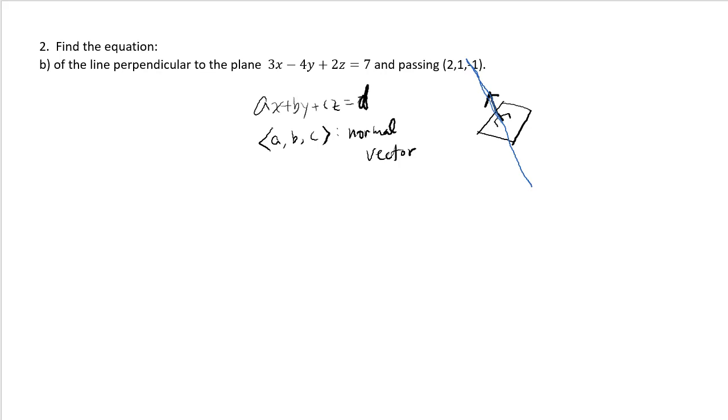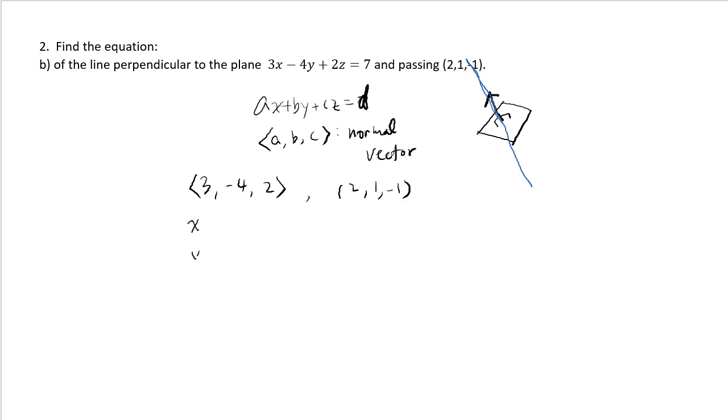So let's use that. The vector 3, -4, 2 is our direction vector, and 2, 1, -1 is the point it should pass through.